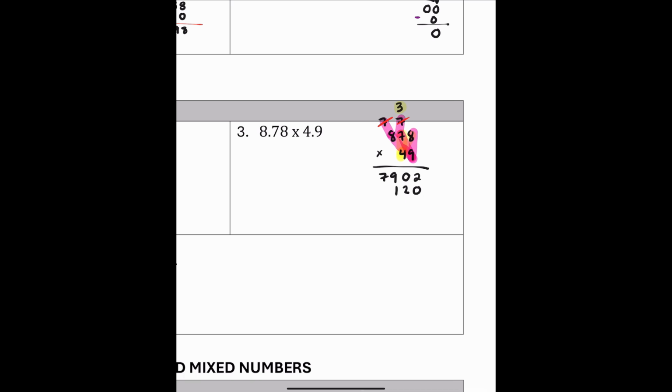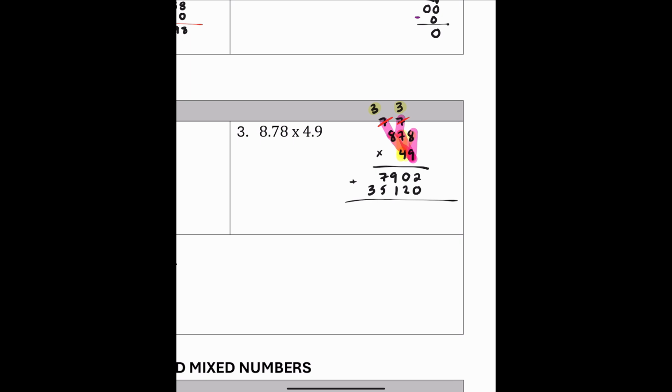So 1, carry the 3. Then we do 4 times 8, which is 8, 16, 24, 32, right? Plus 3, that's 35. All right, so now we're going to add straight down.